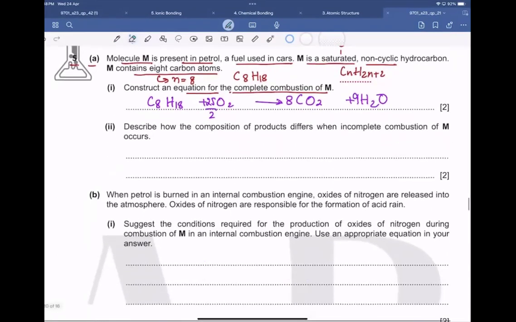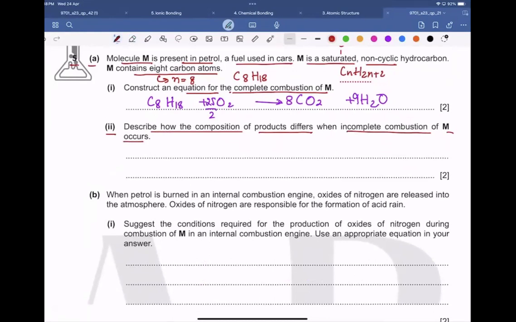Okay. Now, 5A part 2. Describe how the composition of products differ when incomplete combustion of M occurs. So it's for 2 marks. And we know when there is an incomplete combustion, we get carbon monoxide. But see, you are not going to just write carbon monoxide.